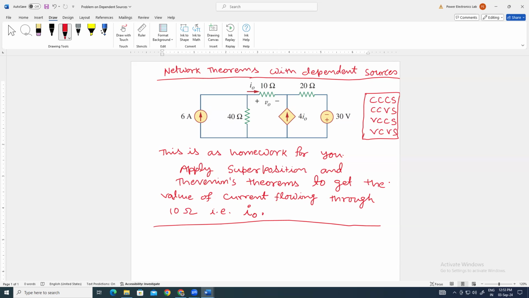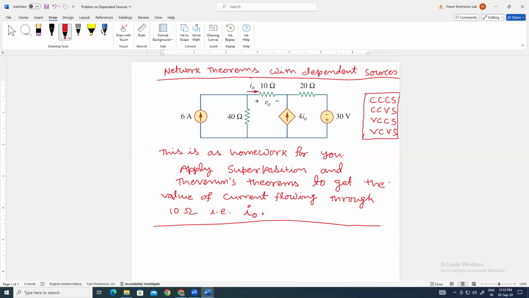So there is a single dependent source, and 2 independent sources, one current source and another voltage source. We know that if we apply the superposition theorem or any theorem with dependent sources, we can remove only independent sources. We will not touch dependent sources.